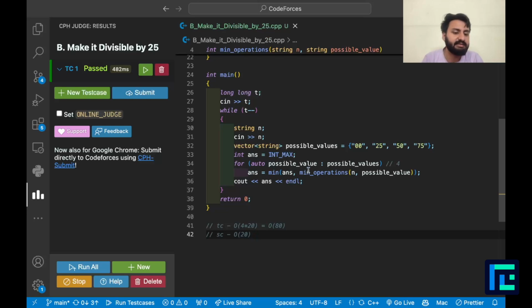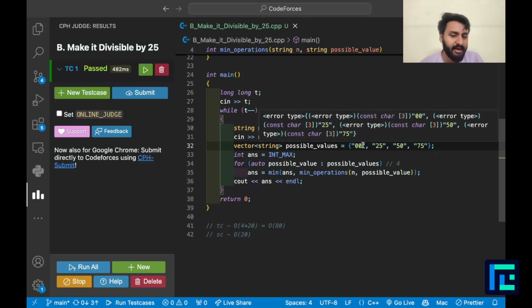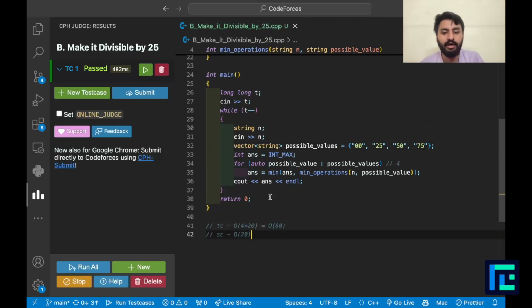So 20 is the space I'm taking to store the string. 4 would be some extra space for this array, but that's fine. 4 compared to 20 is much smaller. So the superseding term is O of 20, which means space is also barely O of 20. It's almost constant. So we have achieved very good space and time here, and this is effectively going to run and get me an accepted solution on the problem.